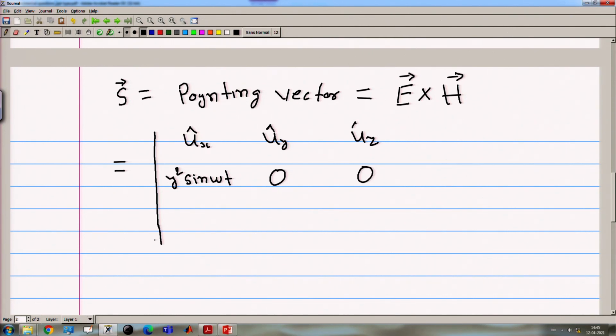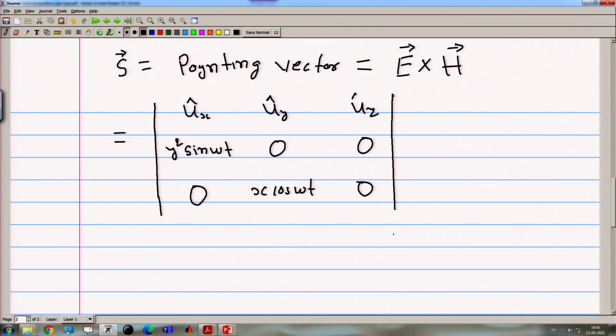And H has only y component, so x component will be 0, y component will be x cos omega t, and z component will be 0. So, we can solve this matrix.